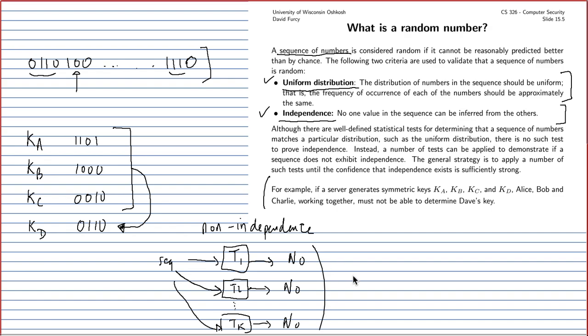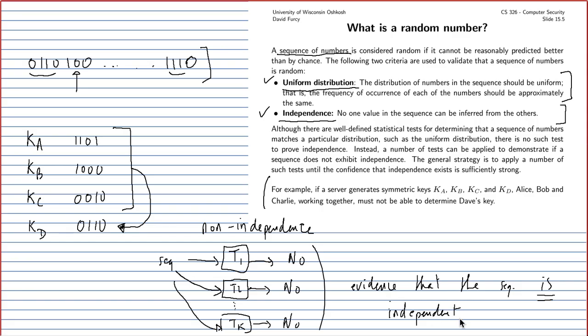Well, this is pretty strong evidence that the sequence is independent. It's not a proof, but maybe it will give you enough confidence that you can move on and start using those sequences.